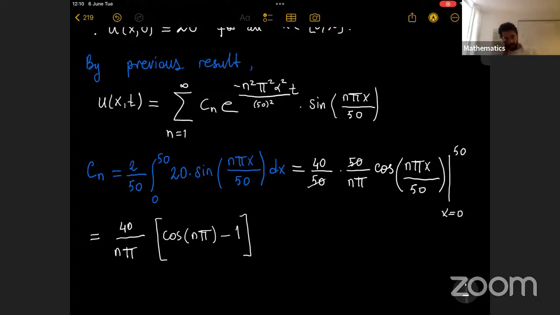Well, we can simplify these numbers. For instance, if n is equal to 0, cosine 0 is 1, 1 minus 1 is 0. When n is equal to 2, again it is 1 minus 1. So when n is even, this number will be 0.